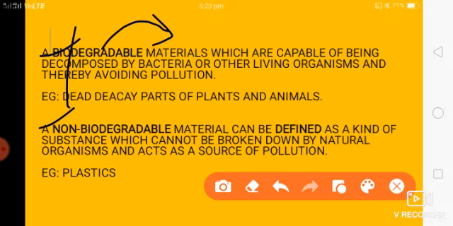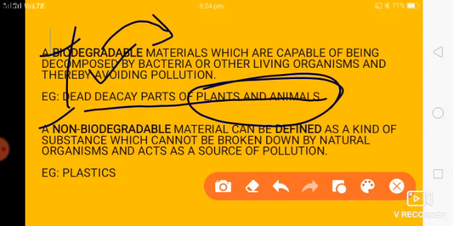The material which can be decomposed by any microorganisms and thereby avoiding pollution, those types of materials are called biodegradable. Biodegradables are dead decayed parts of plants and animals, even cotton cloths and all, these are also biodegradables.